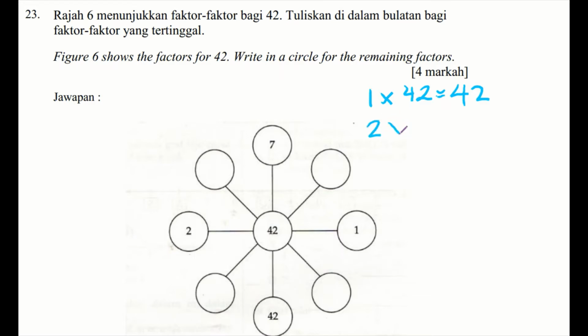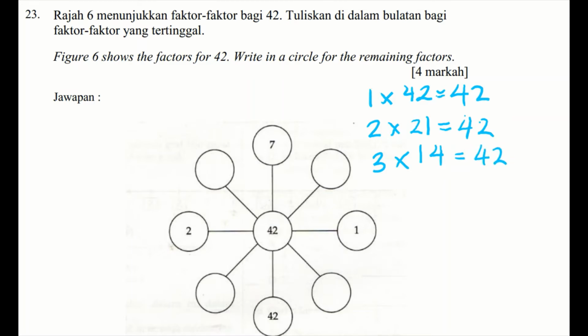2 multiplied by 21 equals 42. So 2 and 21 are factors of 42. 3 multiplied by 14 is equal to 42.